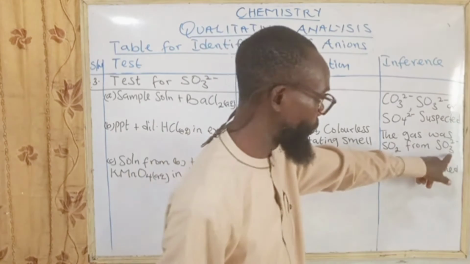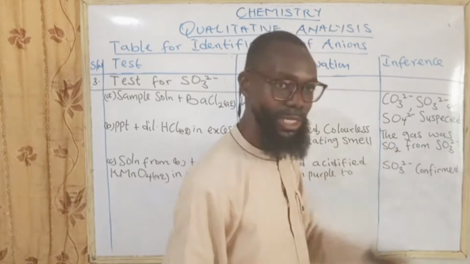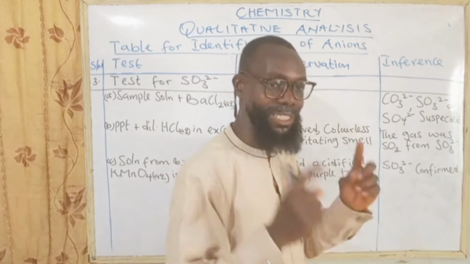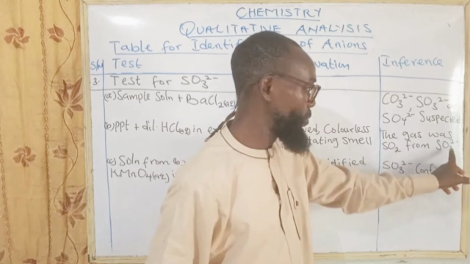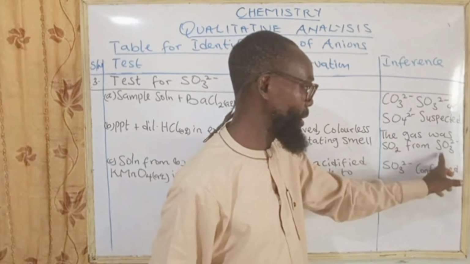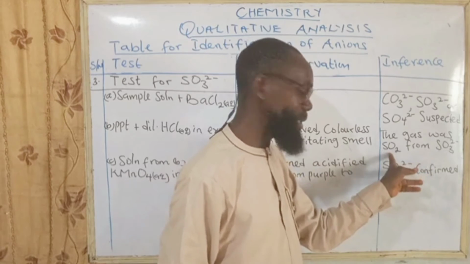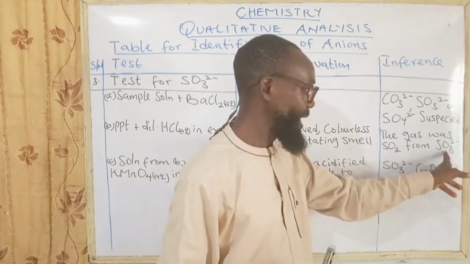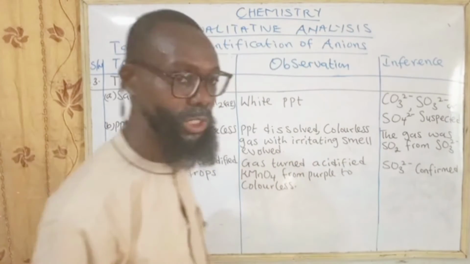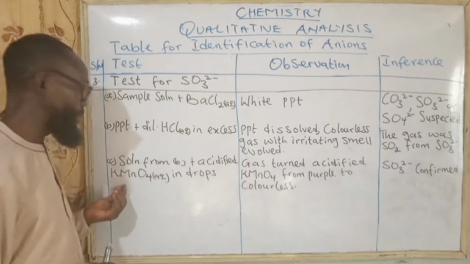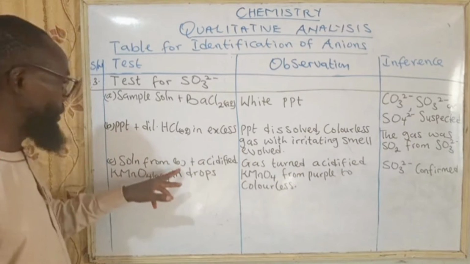The 2 minus is for the oxygen, which has a valency of 2, so when you remove one O, it's going to be SO2. So sulfur IV oxide was the gas given off, from SO3 2 minus.